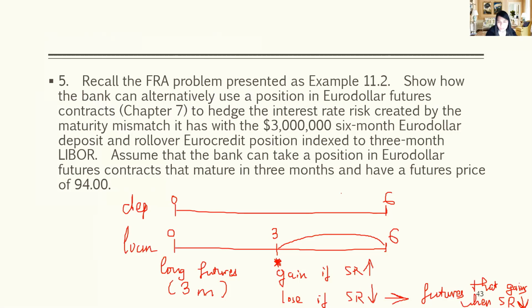In this case, we assume that the futures price is going to be 94. So F, which is our futures price, is 94. For a long futures position, our payoff is going to be given by ST minus F times a certain factor I'll show you later on.